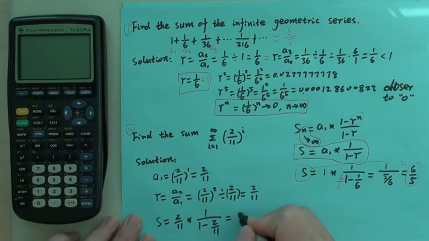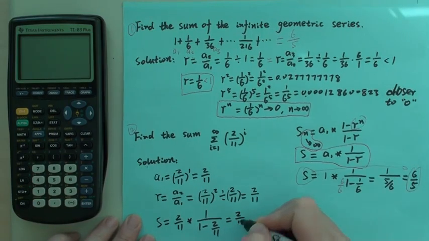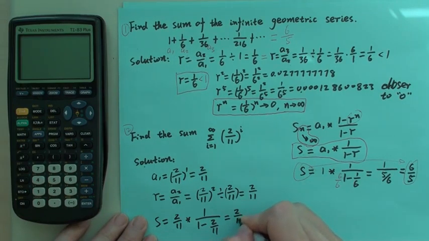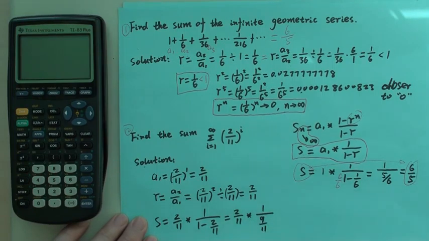Anyway, we have to figure this one out. 2 over 11 times 1 over 9 over 11. For details, 1 is 11 over 11, 11 minus 2 is 9, and the denominators are 11, so you keep it.